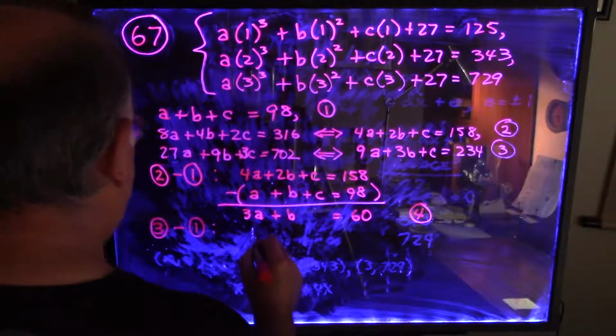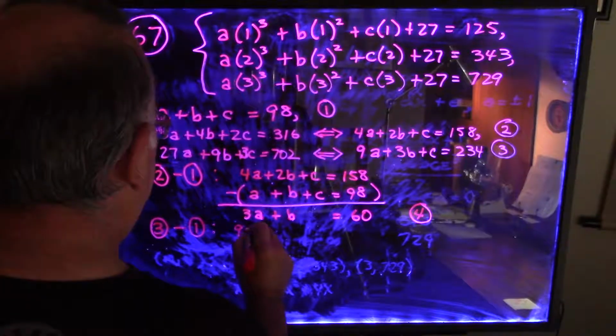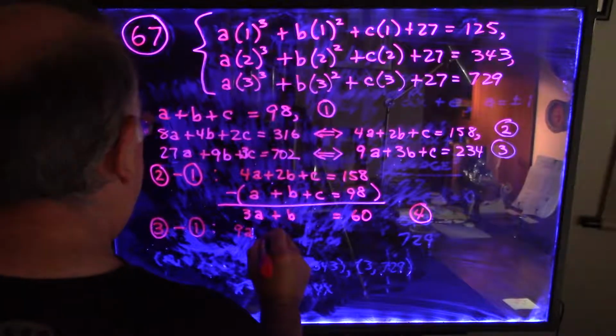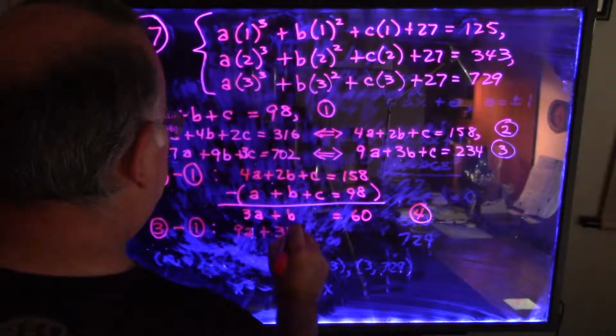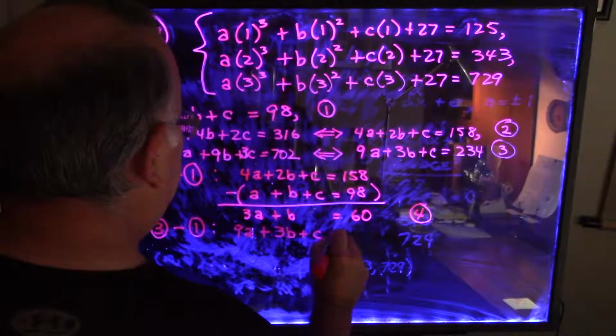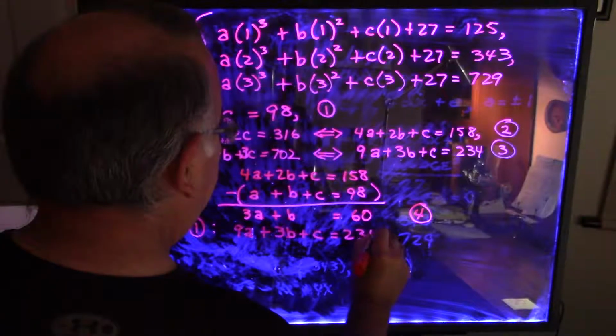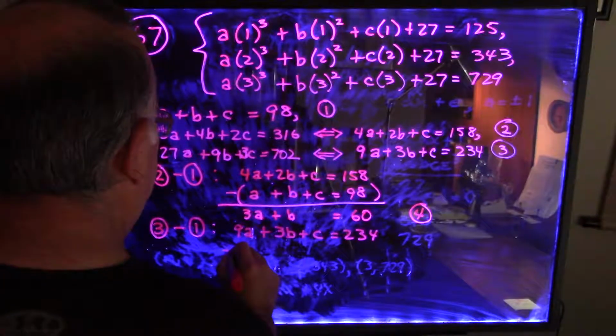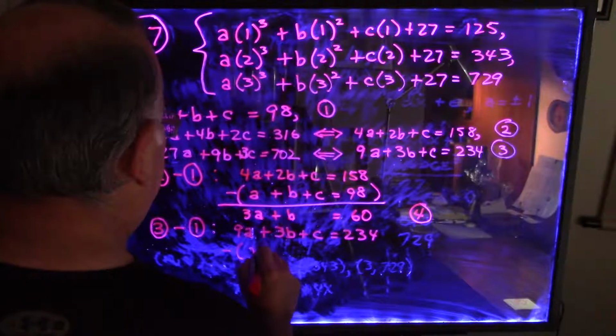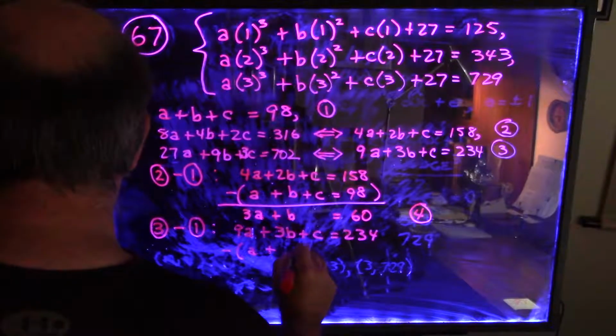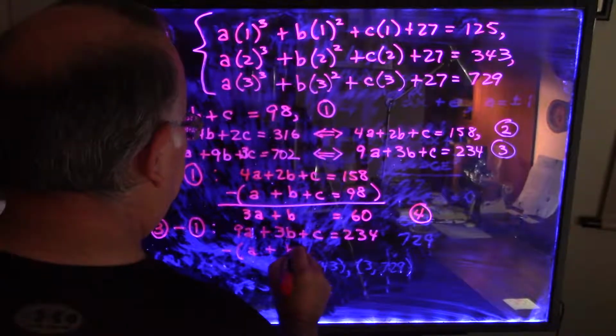For equation 3, I've got 9a plus 3b plus c equals 234. And from that I'm subtracting equation 1: a plus b plus c equals 98.